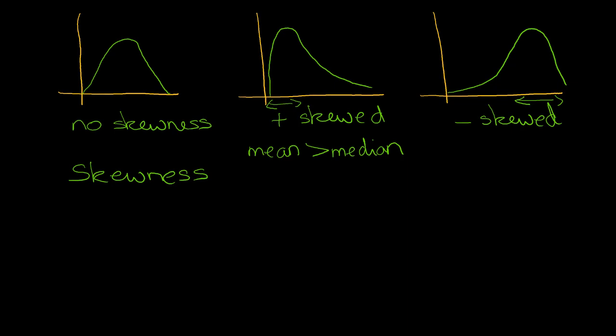If we look at the negatively skewed one, then it's the other way round. The mean will be less than the median. This might not come up if you're just doing the regular GCSE in maths, but if you're doing the statistics one, then you might need to know about skewness.